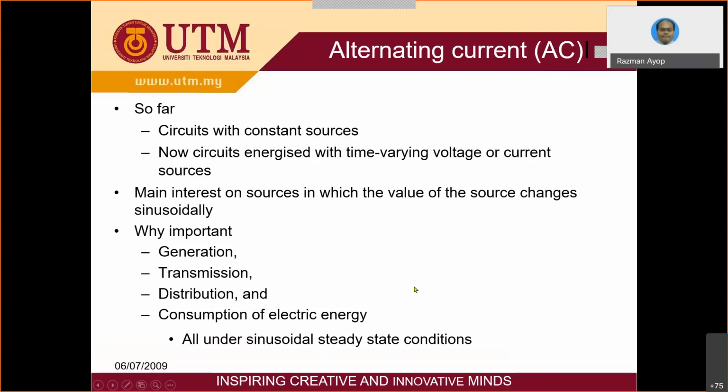Why is AC used? Because you can easily convert the voltage. For example, in generation, the voltage is maybe around 22 kilovolts. Then when you want to transmit far away, you have to increase the voltage. Why? When you increase the voltage, you reduce the current. Why do we want to reduce the current in transmission?